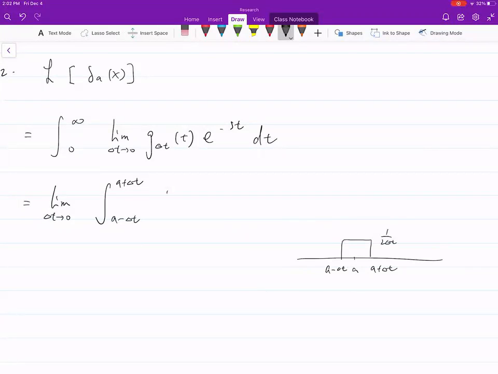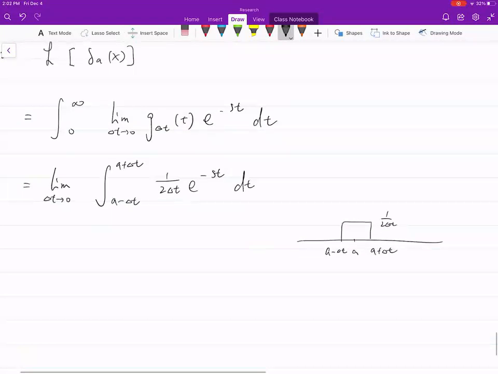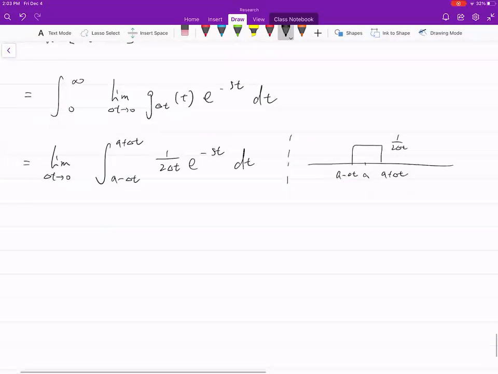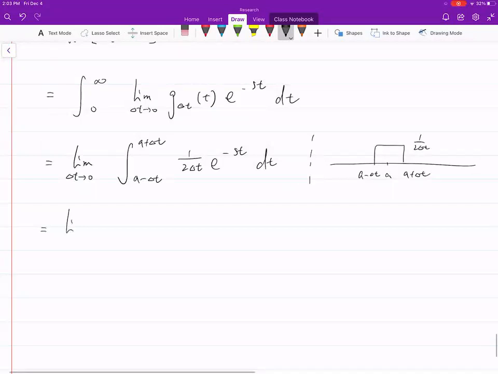So 1 over 2 delta t, times the integration of e to the negative st, which gives negative 1 over s.